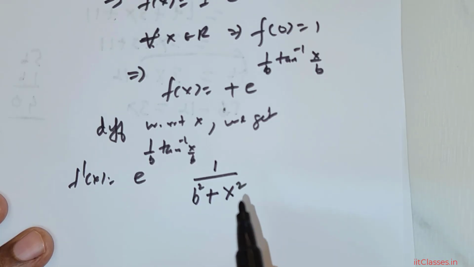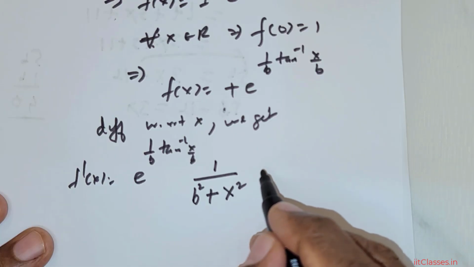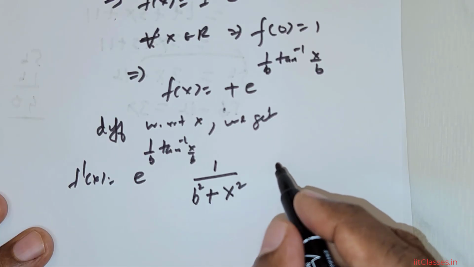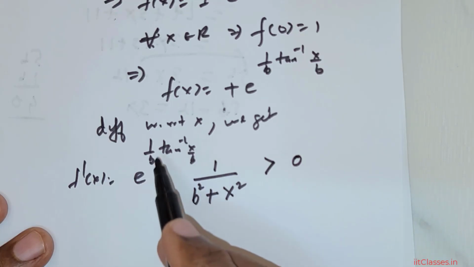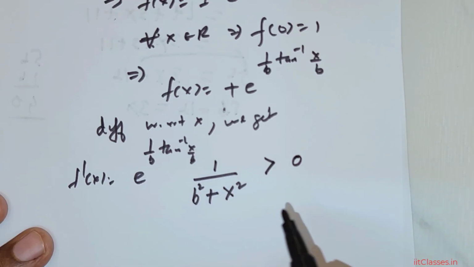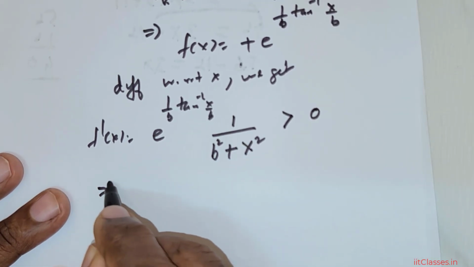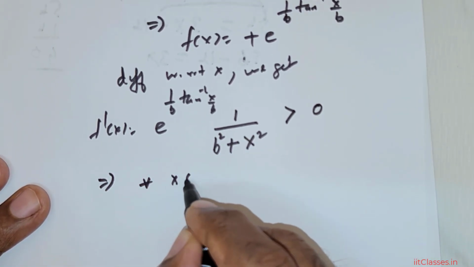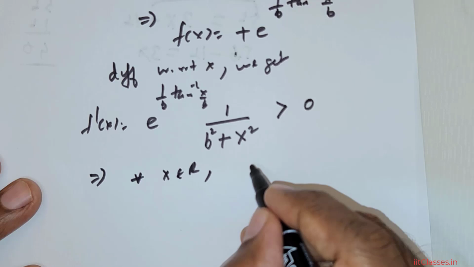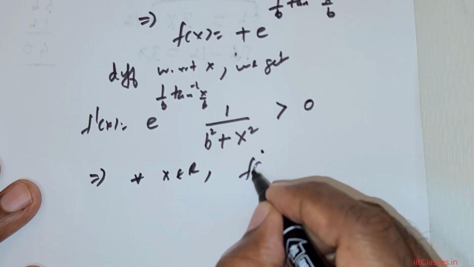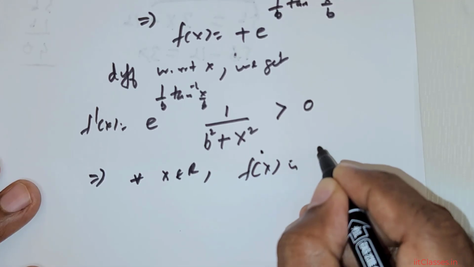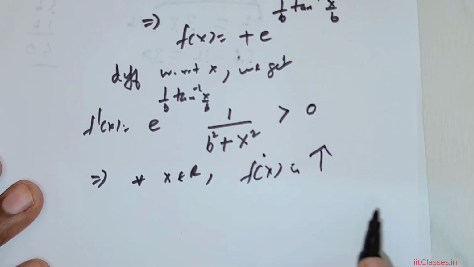Now this is going to be greater than 0. Why? This is greater than 0, and this is greater than 0. So this means for every x element of R, our function f of x is increasing. It's always increasing.